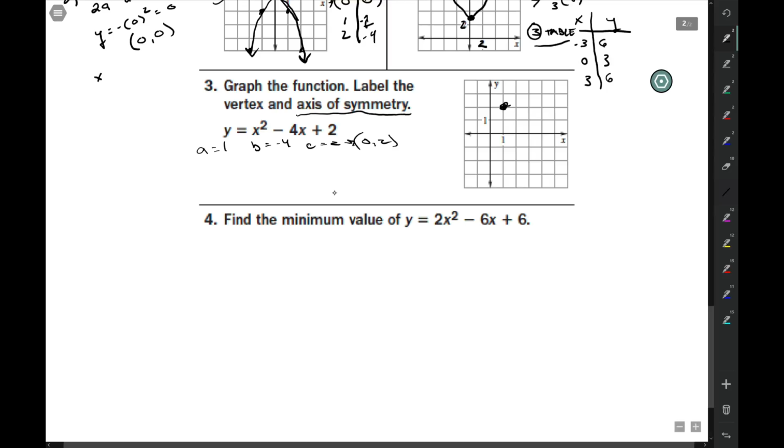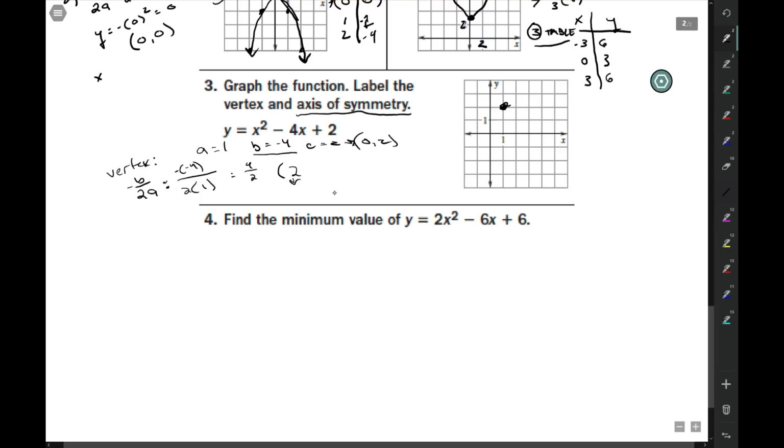Find that old vertex. -b over 2a. Gonna keep saying it. -b over 2a is -4. Be careful. b is a -4. Okay, divided by 2 times a means we have 4 over 2. The x-coordinate is 2. Substitute that back into the equation.